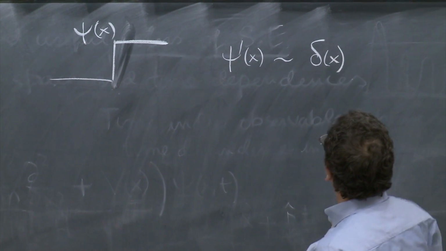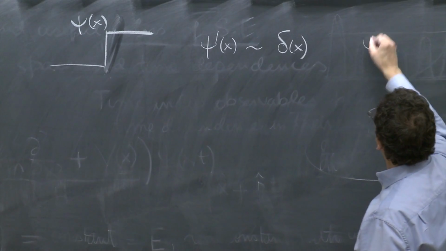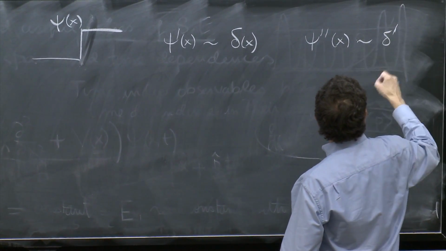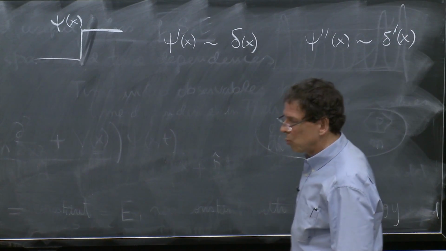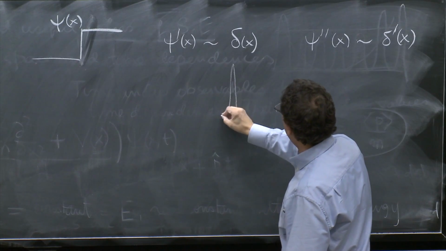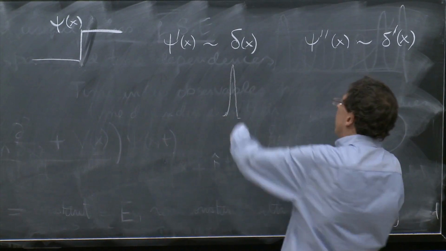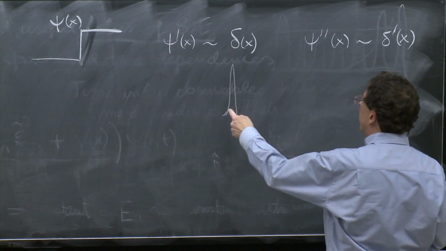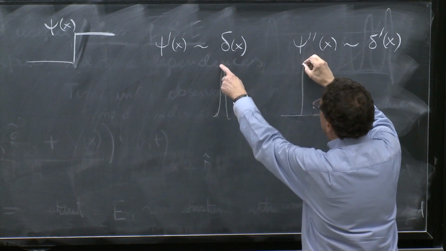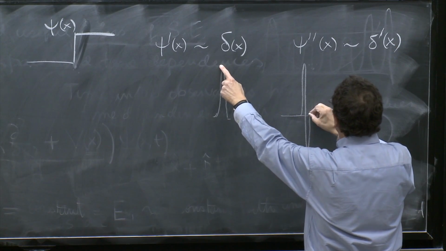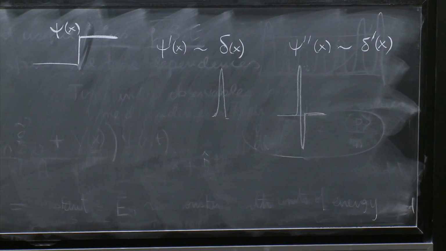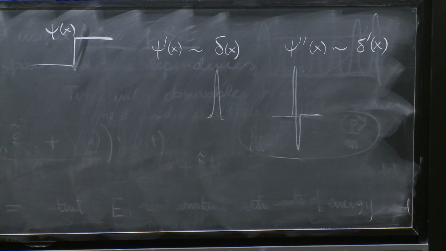psi prime of x would contain a delta function at this discontinuity. The derivative is infinite. And psi double prime of x, the second derivative, would have a derivative of a delta function, which is worse, because a delta function we think of as a spike that is becoming thinner and higher, but the derivative of the delta function first goes to infinity and then goes to minus infinity and then comes back. It's much worse in many ways.